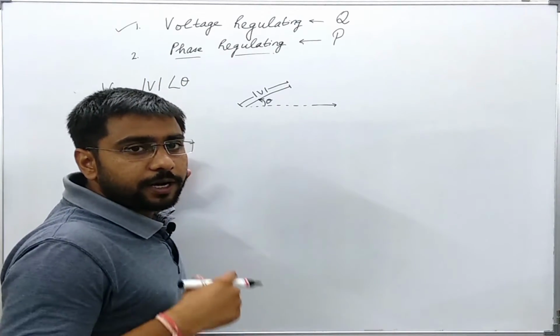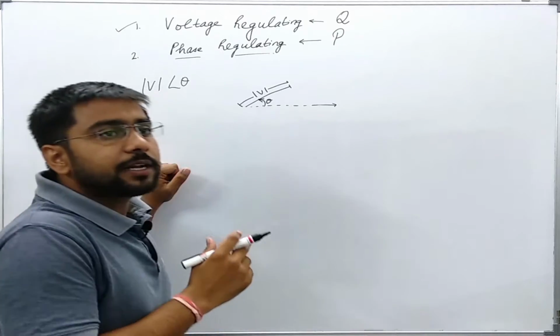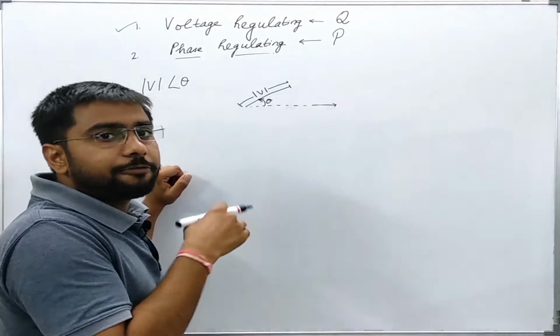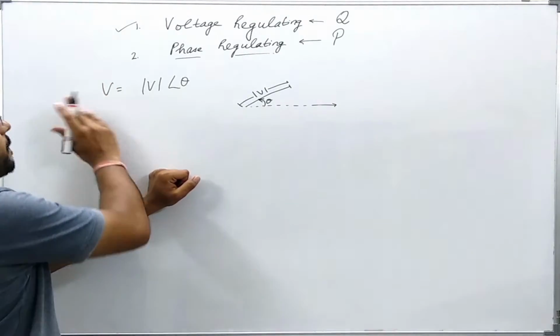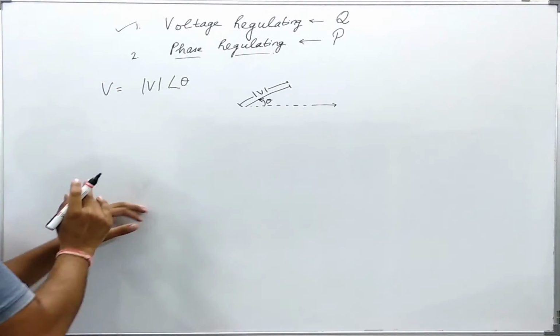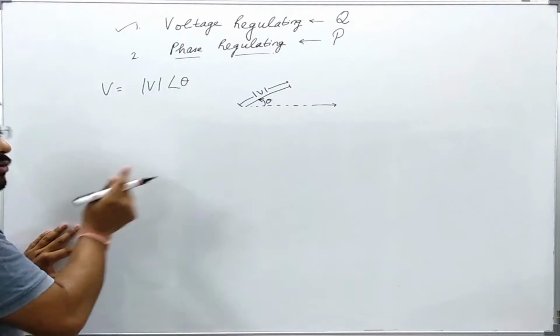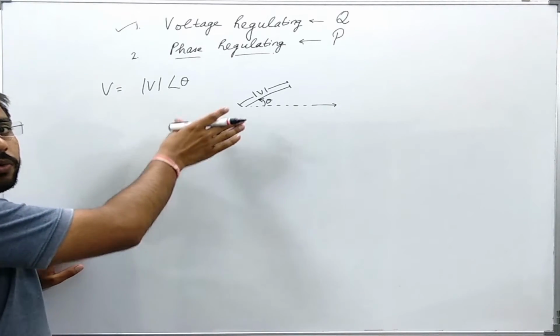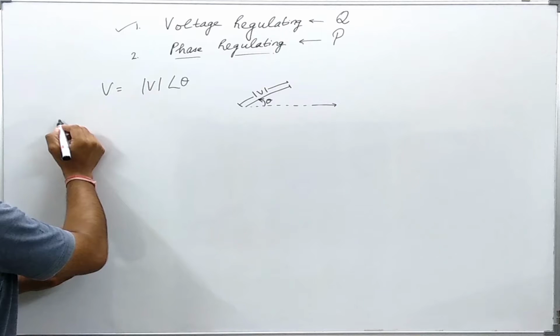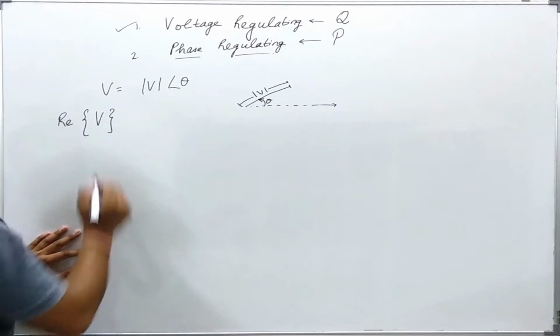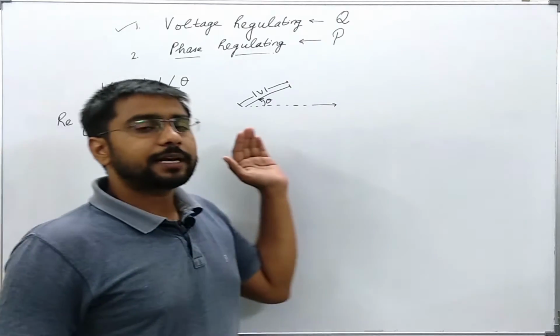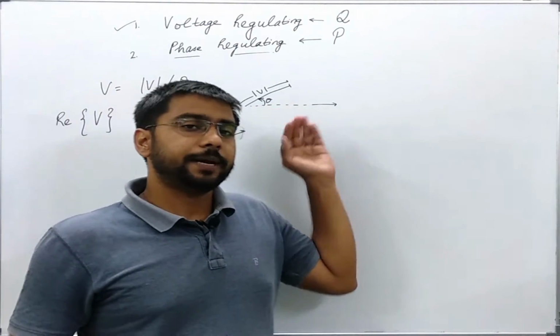Now, we should always keep this in mind that when we are referring to a phasor, although mathematically it is a complex quantity, if we want to transform it into the time domain, we usually take only the real part. This thing I already covered in my lectures in the very beginning.